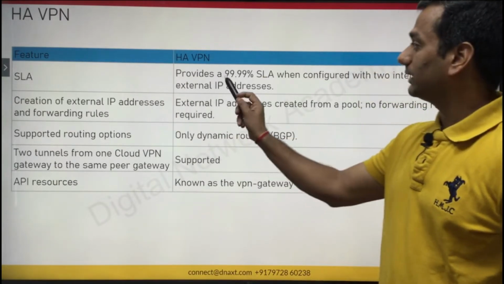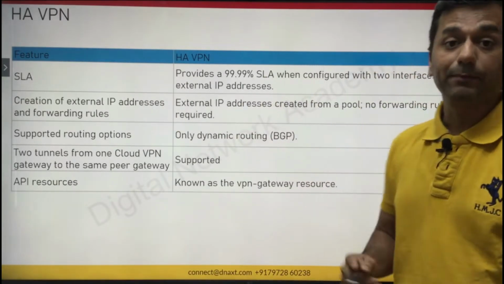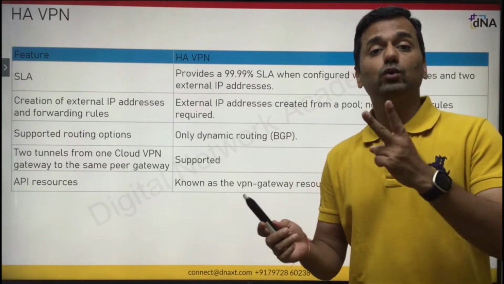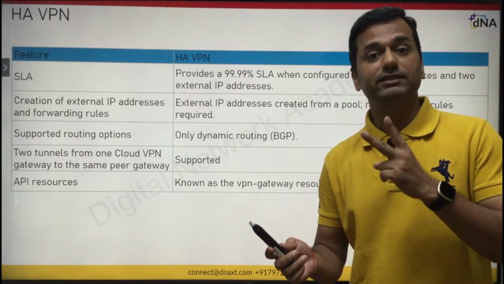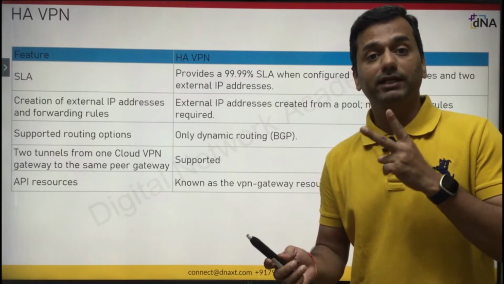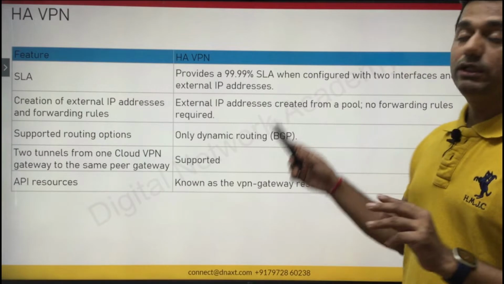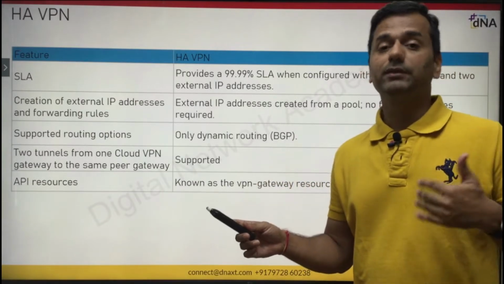HA VPN provides a 99.99% SLA, but only if you use two interfaces facing the public internet and having public IP addresses.